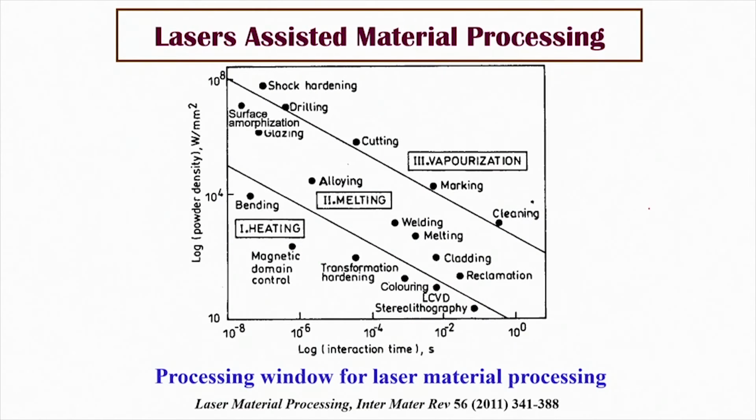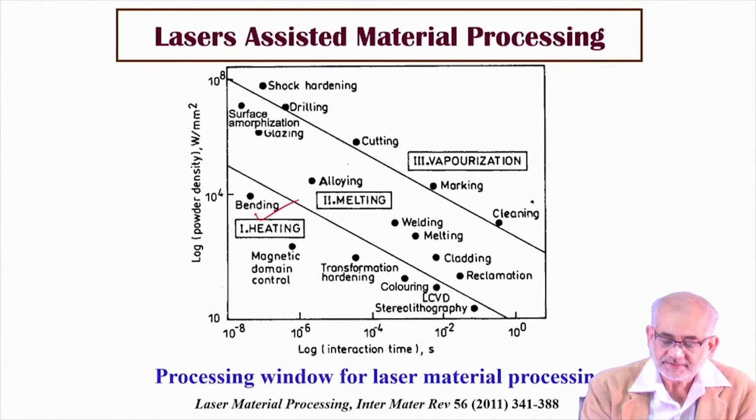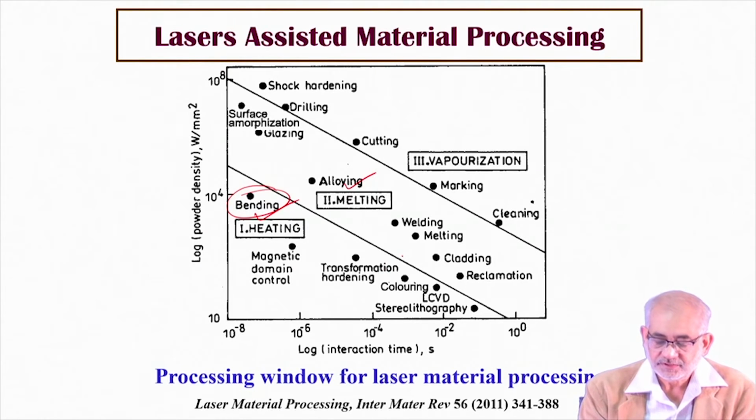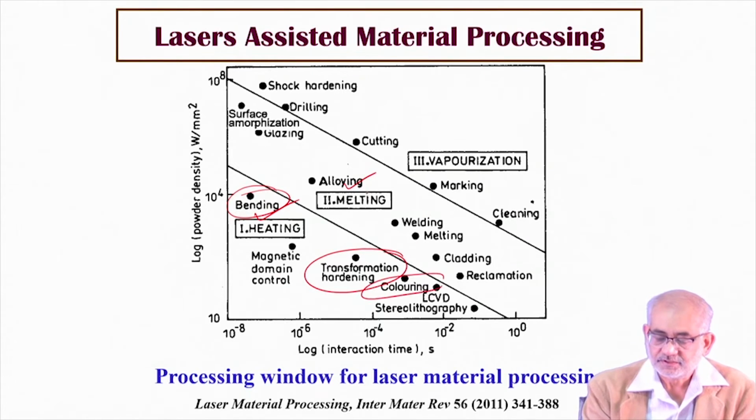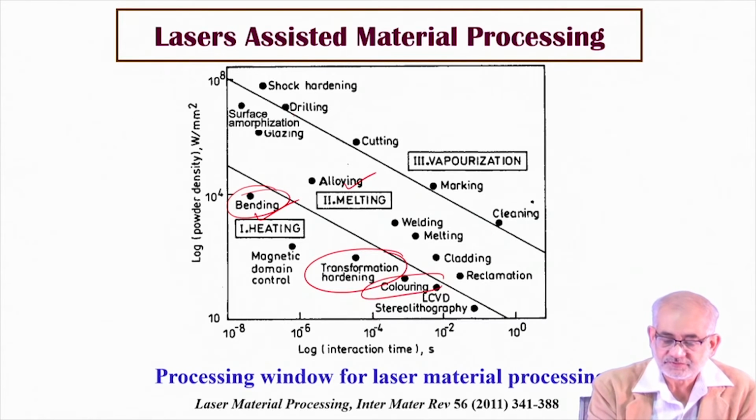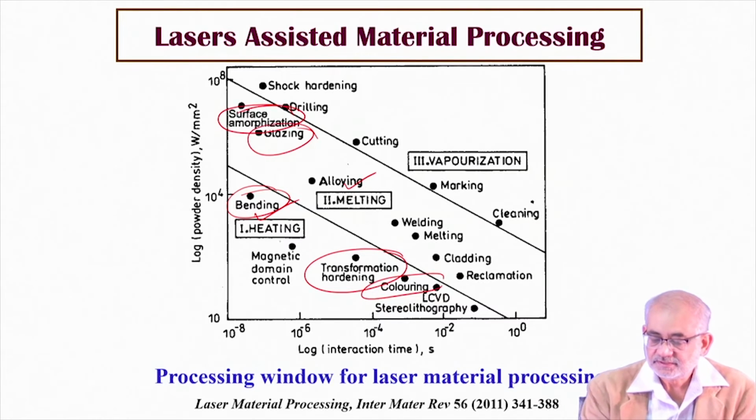We have already discussed this, so we can go and heat, remain below the melting temperature, or we can cross the melting temperature but not cross the boiling temperature. So in the process we can do processes like bending, which is a forming process. We are not discussing that today. We are going to discuss transformation hardening, maybe a bit of coloring or surface amorphization or glazing. Now all these processes actually don't require any change in composition, right?